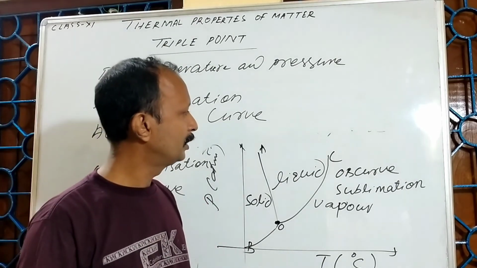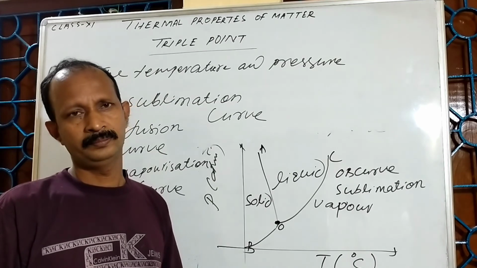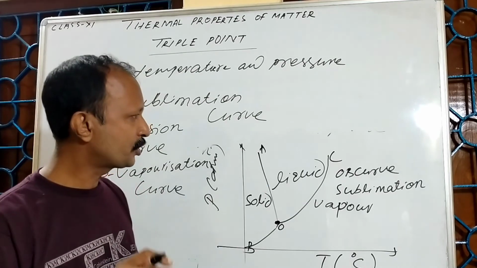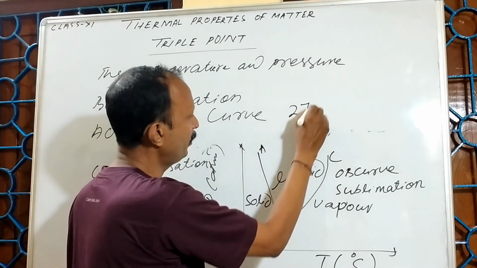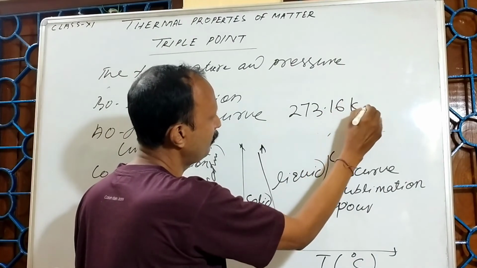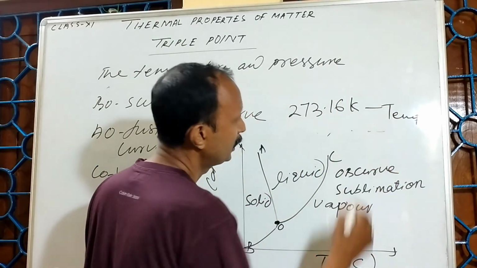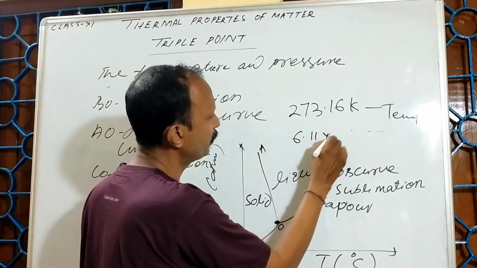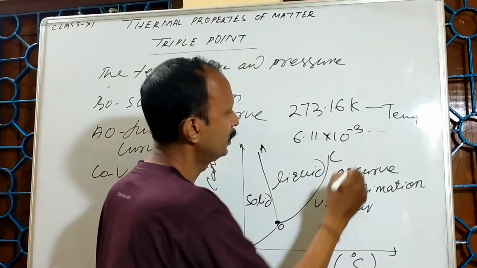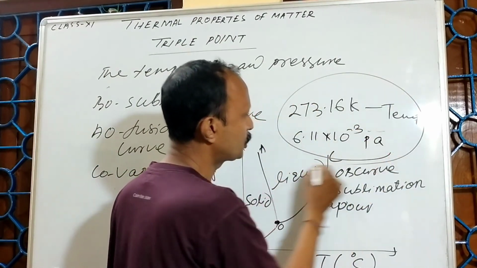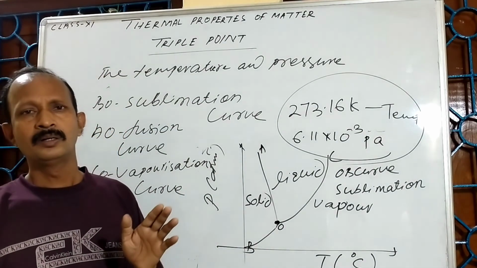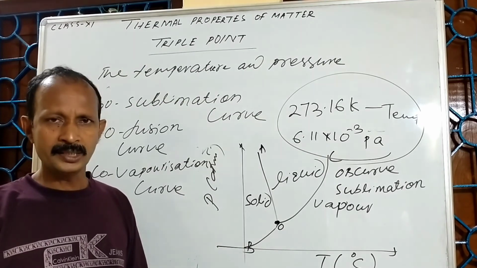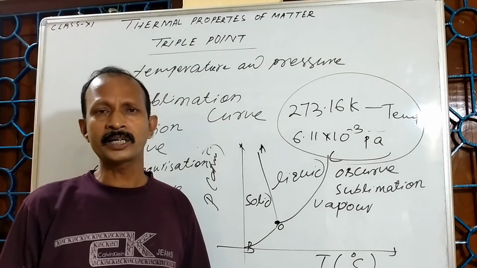In case of water, or ice, its triple point is 273.16 Kelvin. This is about the temperature. What about its pressure? 6.11 into 10 to the power minus 3 Pascal. At this temperature and pressure, water can exist in three different states, that is ice, water and water vapor.